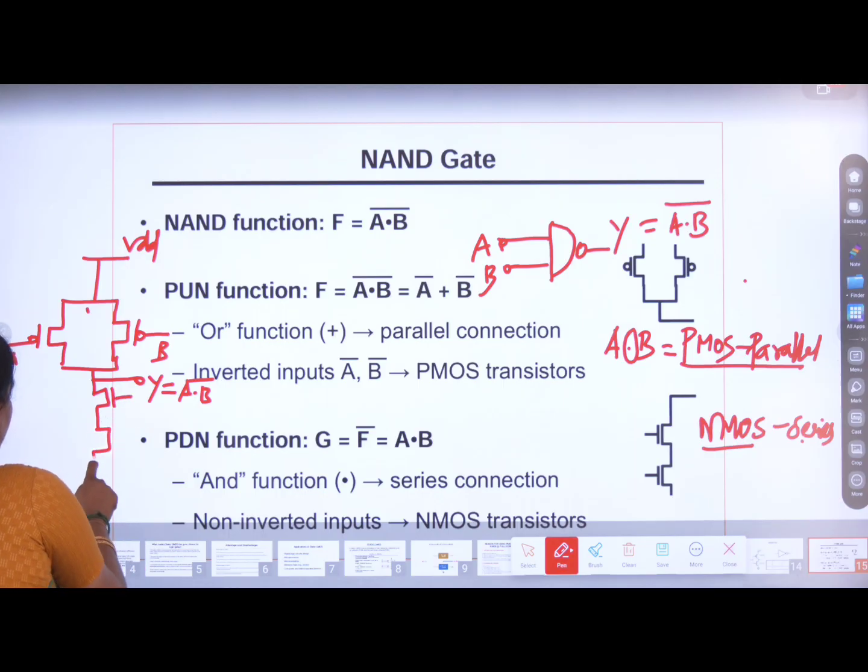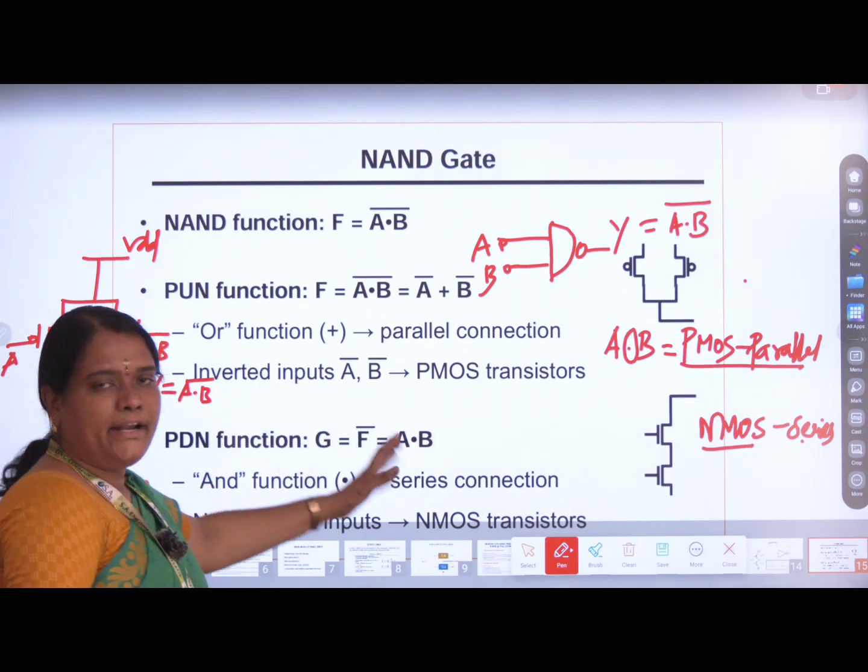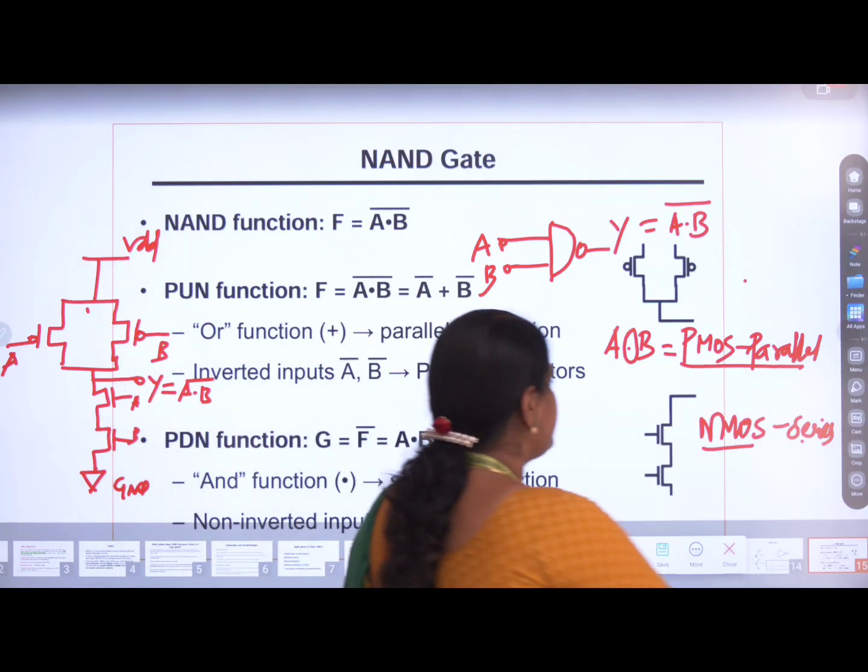Next, two NMOS connected in series, the output of the second NMOS is connected to ground, which has the inputs A and B. So this is the structure of a NAND gate using static CMOS.